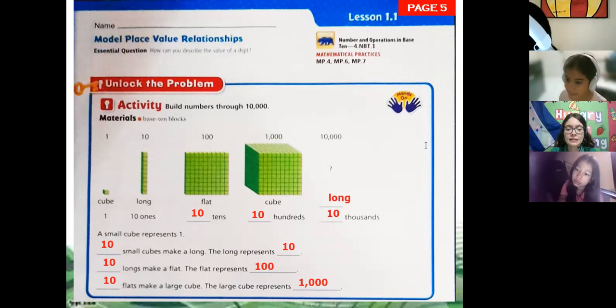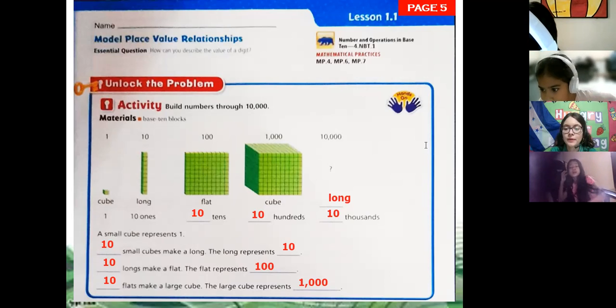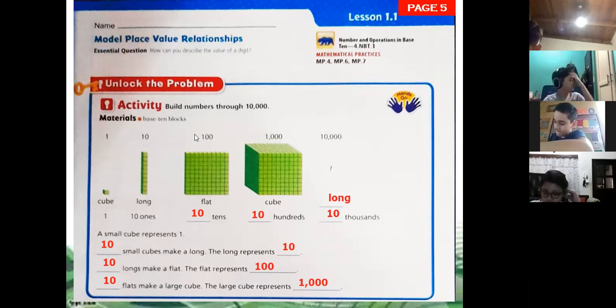Okay, while your classmates finish copying, remember that what we're doing here is representing using base 10 blocks. So first we start with 1. This is 1 cube, just 1. We need 10 of this cube to make a lawn. If you have 10 cubes, you have 10 ones make 1 lawn.